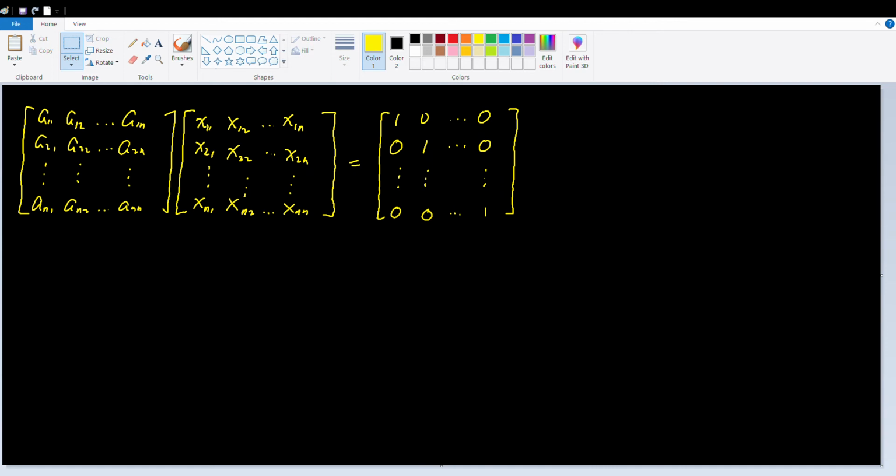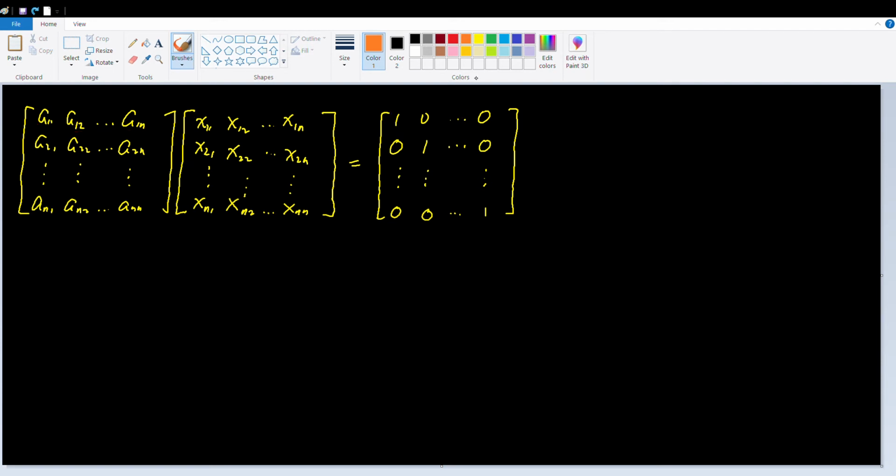There. Let us perform multiplication on these two matrices. So the first row of A multiplied to the first column. And this must equal the entry in the first row, first column of the matrix at the right, the identity matrix.